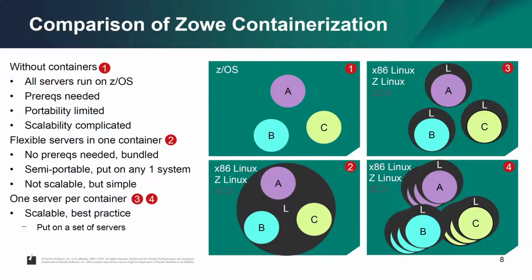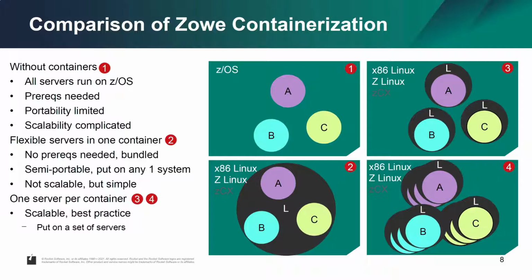So when we look at software running with or without containers, we encounter a few different models in which you can package your software. Without containers, let's say the Zowe case in which all the servers are running on z/OS. We have a few different components of Zowe, A, B, and C, for example. And if we install them onto the z/OS file system, we're first going to need some prerequisites. So we're going to need to download and install Node.js.